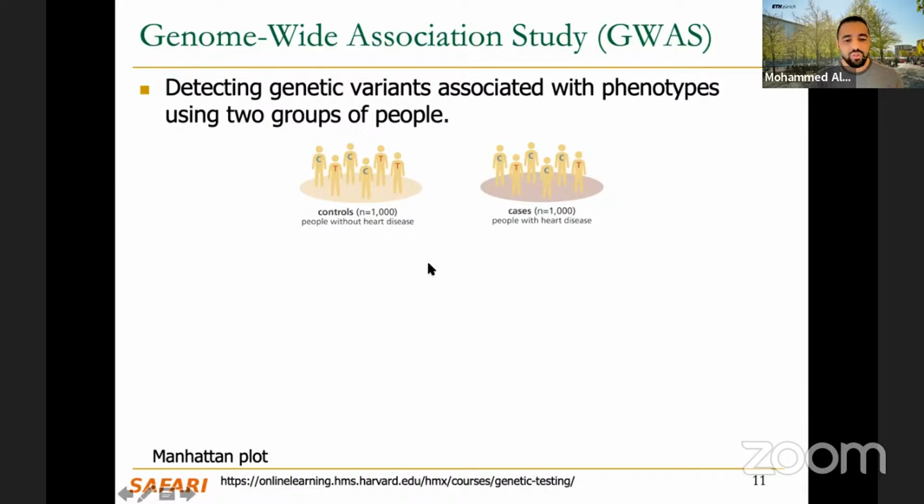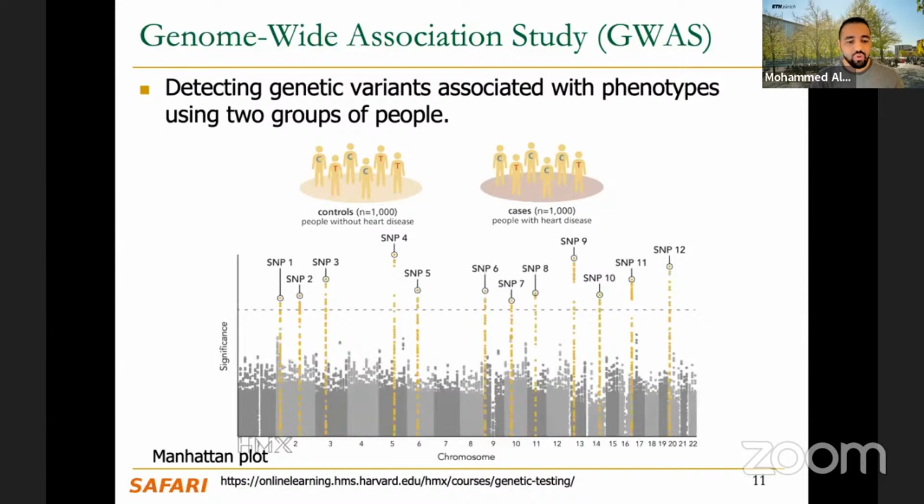Then we observe their genomic material, the DNA, and we try to compare it using what we call a Manhattan plot. And you can guess why we call it that name, since all these towers over there. In the x-axis, we have all the chromosomes at specific locations, so every dot over there represents a location.